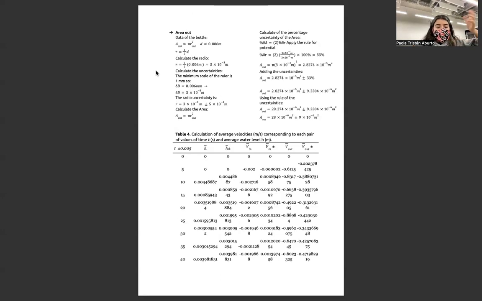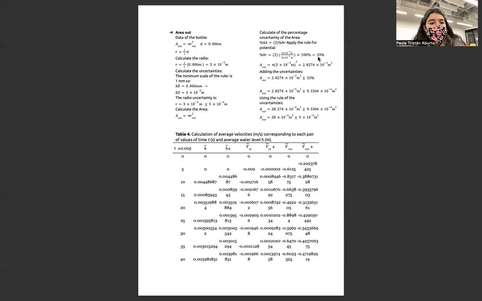For the area of the drain tube, we only change the diameter of the drain tube, and we do the same procedure: calculating the radius, the uncertainty of the diameter, and then we put it together. So we have the radius uncertainty, then we calculate the area by calculating the percentage uncertainty of the area, and this is equal to 2 times the percentage uncertainty of the radius.